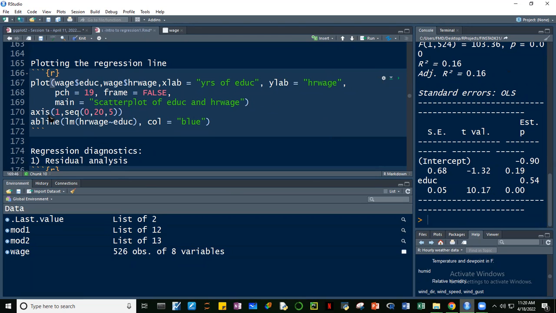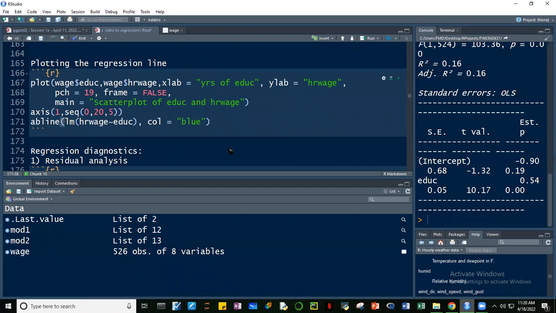Then lalagyan natin ng axis, 1, this is on the x-axis, 0 up to 20, increments of 5. And then we're going to put a line, okay? The line should be the line of the regression of the hourly wage on education, and the color is equal to blue.